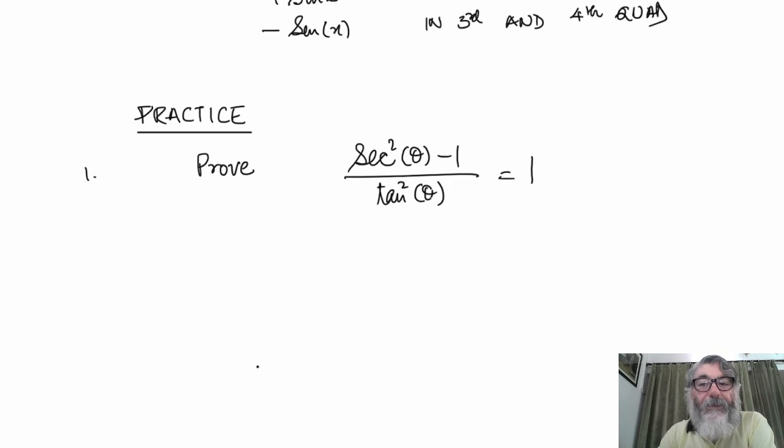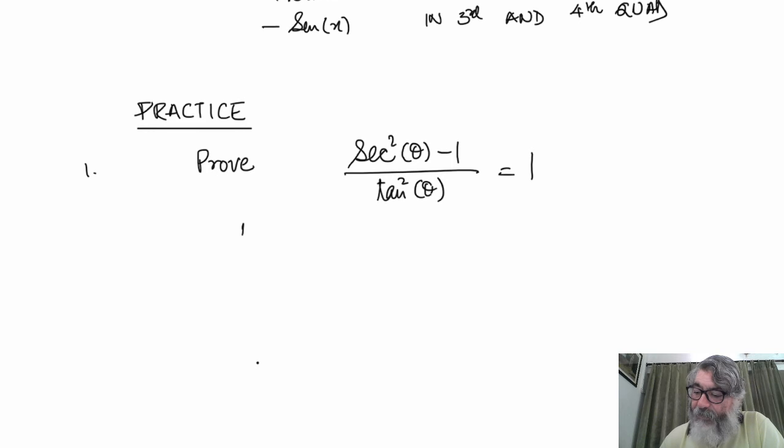There are two sides, left hand side and right hand side. Generally, we start from left hand side and go to right hand side, but there is no hard and fast rule. Whichever side is more complicated, we start the work from that. If you start working from right hand side, which has got only one, you will have a great issue about it. So we start from the left hand side.